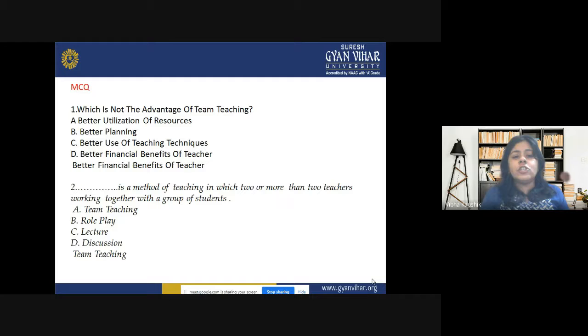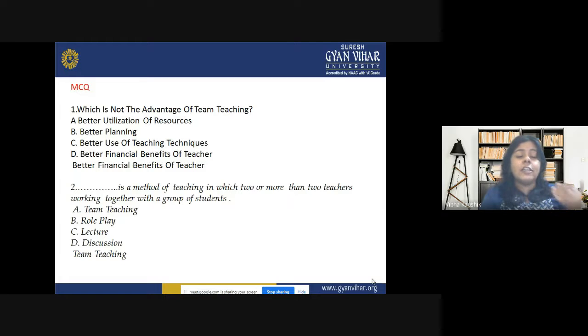Better utilization of resources. Means we are able to utilize the available resources to the maximum. B. Better planning. When the teachers are teaching with the team teaching method, they have better planning to teach the students. C. Better use of teaching techniques.